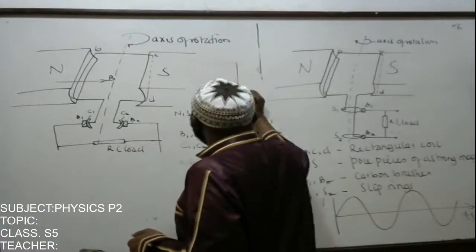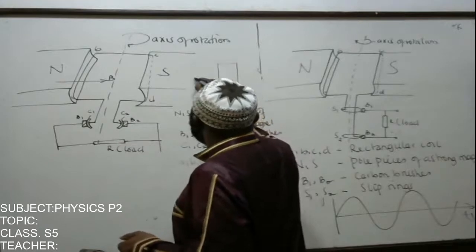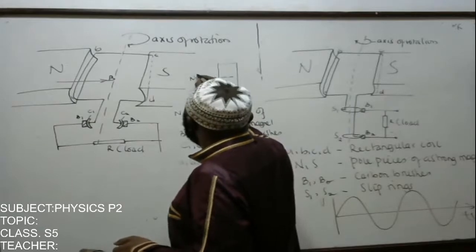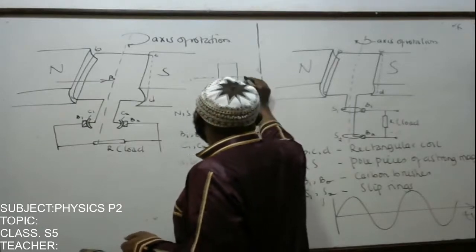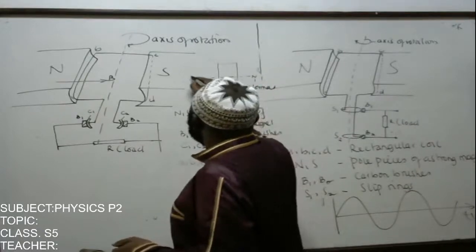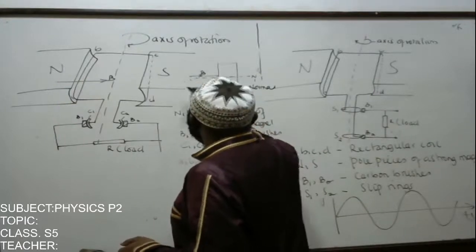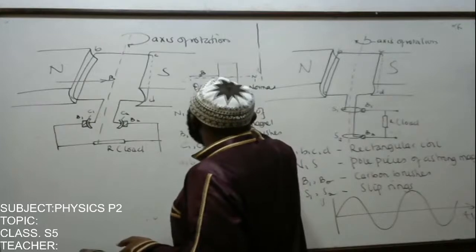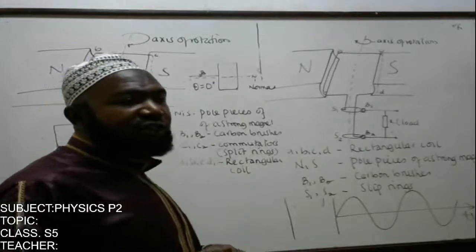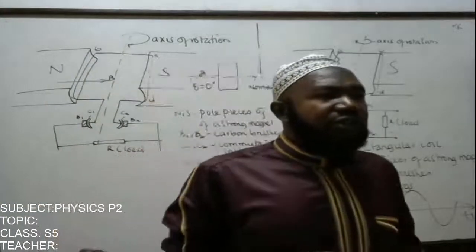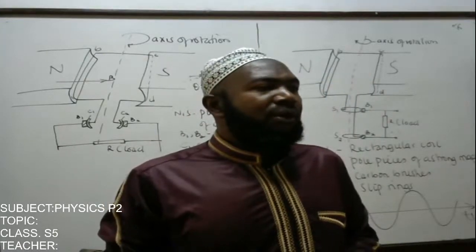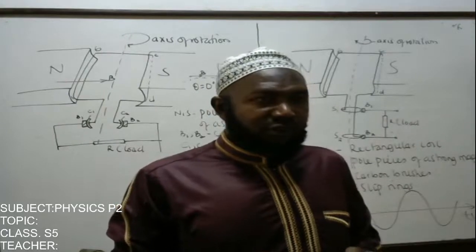If the coil is in the vertical position, it implies that the normal to the coil is this one, and the magnetic field is also in that direction, meaning that the angle the field makes with the normal is 0. And therefore, there is no induced EMF. Sine of 0 is 0. So in the vertical position, the induced EMF is 0, and maximum when it is horizontal.